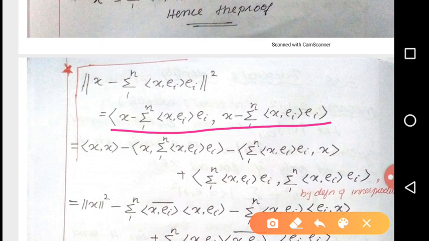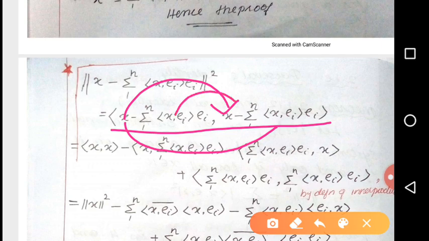And in the first argument position, by the definition of inner product, we can write it like this: the inner product of x, x minus the inner product of x with the sum of inner product x, e_i times e_i, minus the inner product of the sum with x, and the next term.